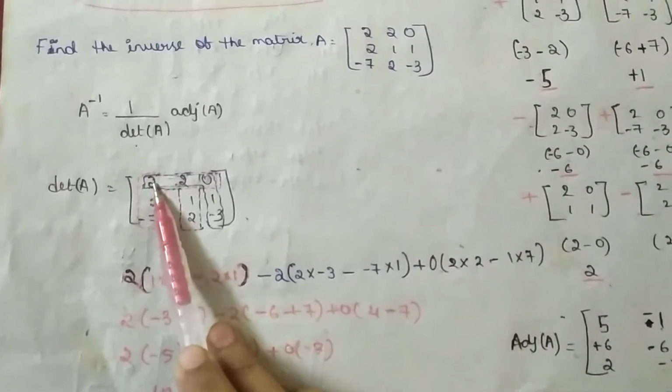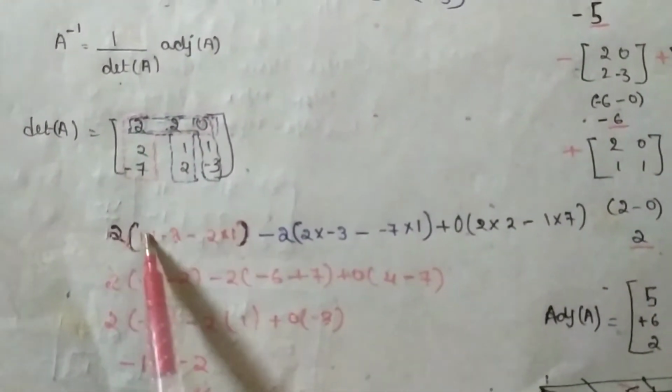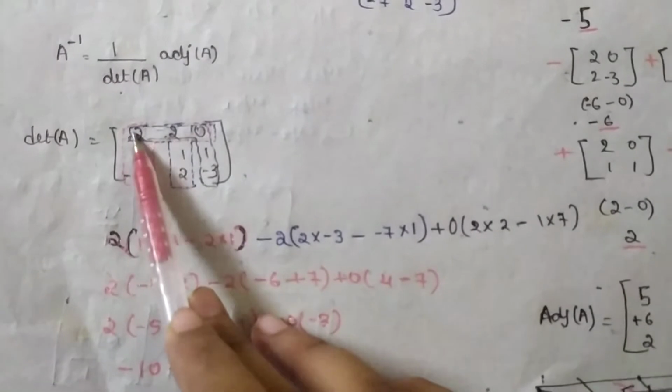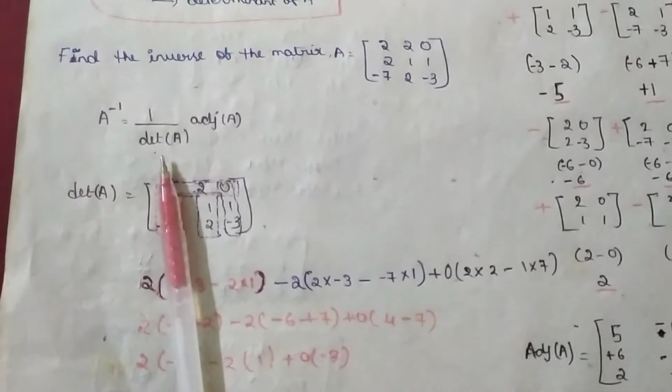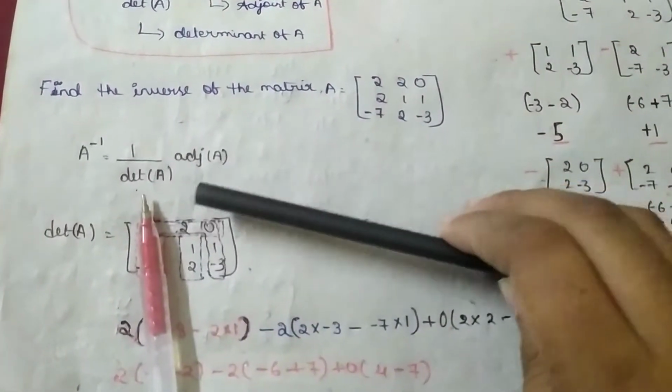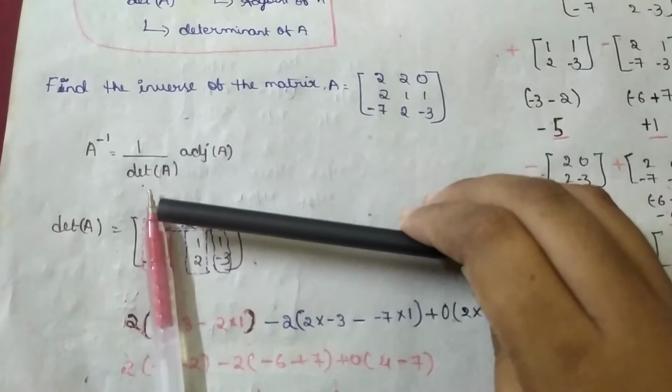See, the first value I am taking here is 2. 2 into. So if I am taking this 2, what should I do? Close this column and this row. What are the values left? 1, 1, 2, minus 3.